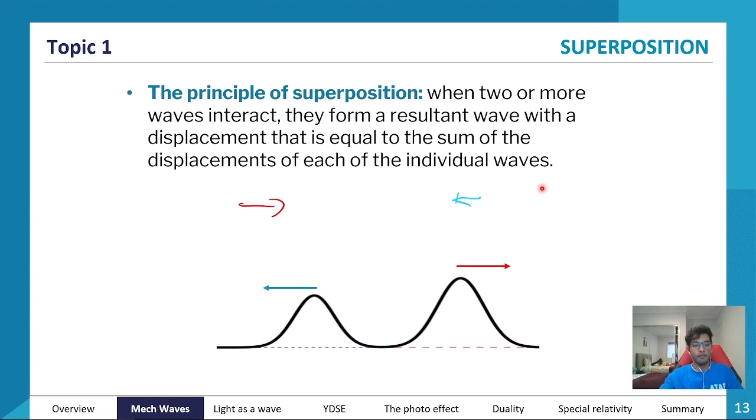In the perfect scenario, the amplitudes should remain the same. So we know that the red one had an amplitude of 5, the blue one had an amplitude of 3. Once they pass each other, the amplitudes should still remain. So this should have an amplitude of 5, and this should have an amplitude of 3. So essentially, it's just the same waves that have passed one another.